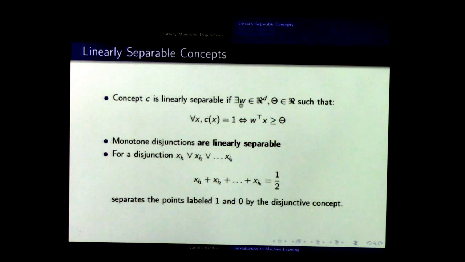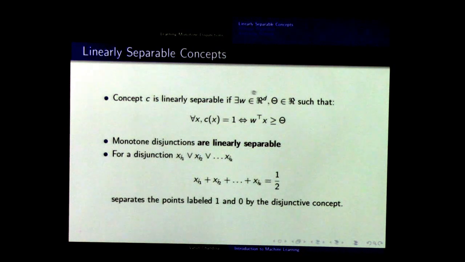Whenever I say W belongs to R of D, whenever you see this fancy R, I'm talking about real number space. Okay, so a number line ranging from minus infinity to plus infinity. When I say R power D, that means this W is a vector with D elements, and each element can take a value from minus infinity to plus infinity, right?